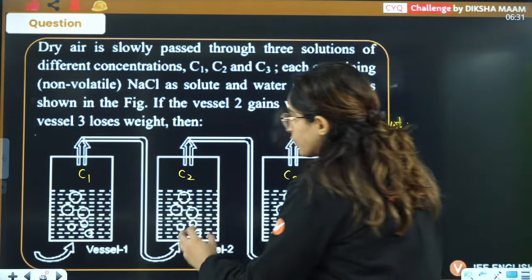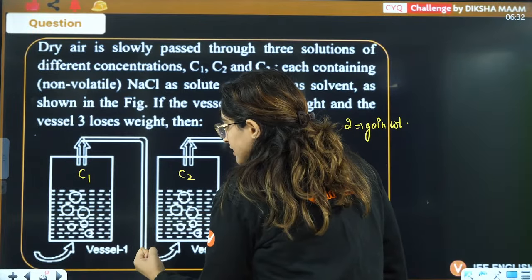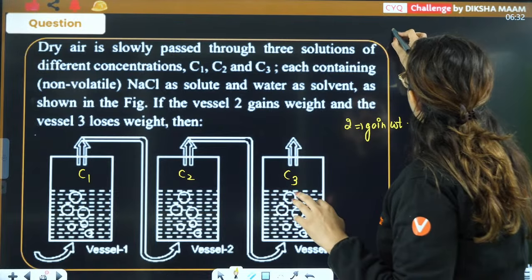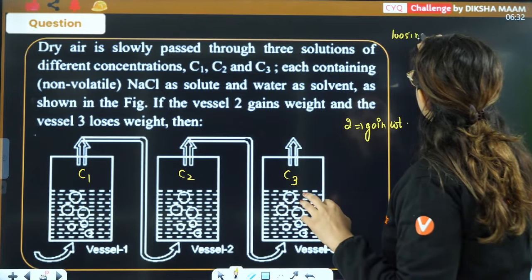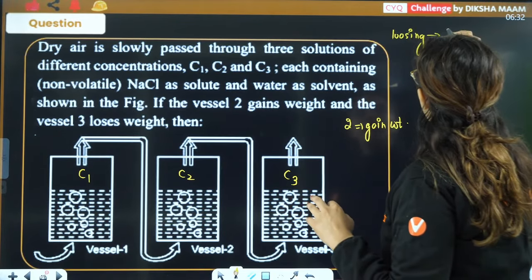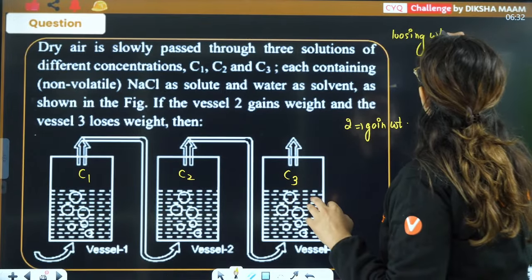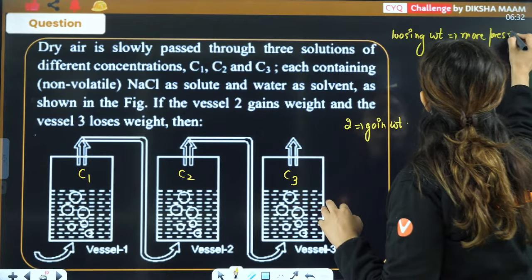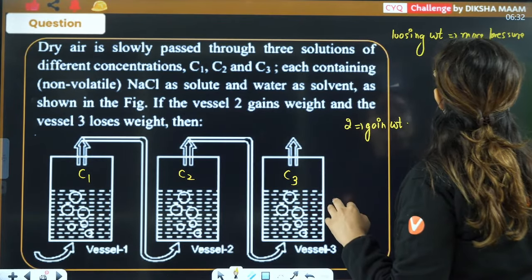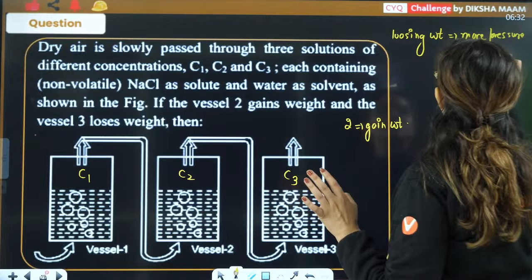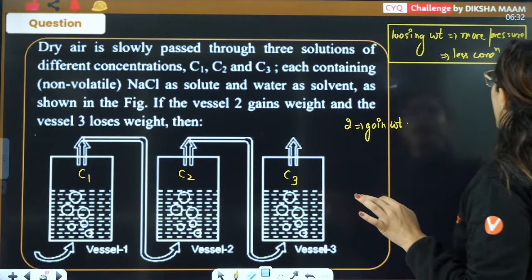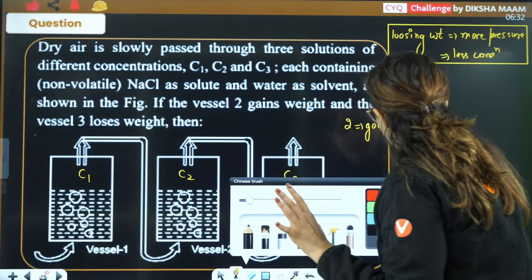If vessel 2 is gaining weight, now always remember this one concept. The one that is losing weight has more pressure, and if the pressure is more, it will have less concentration. It is based on this simple concept, right?